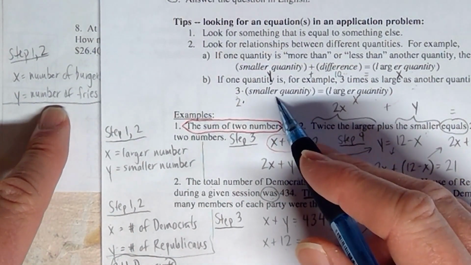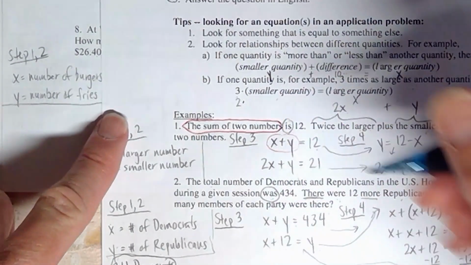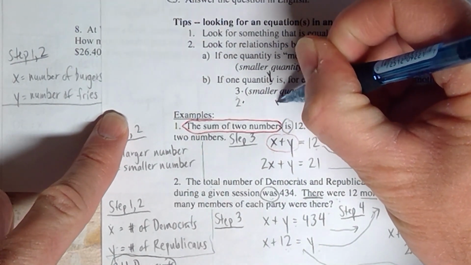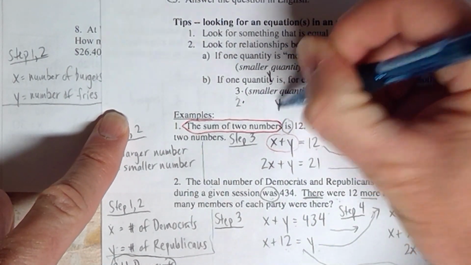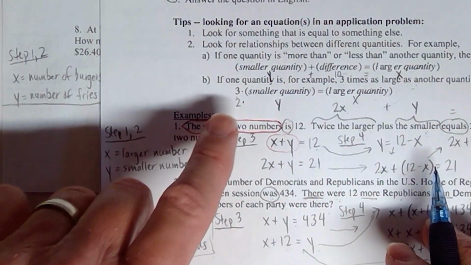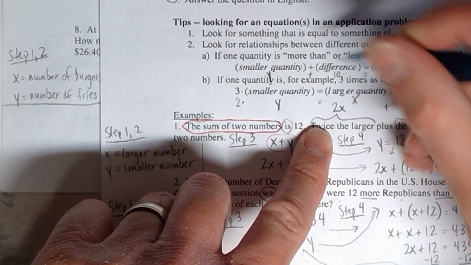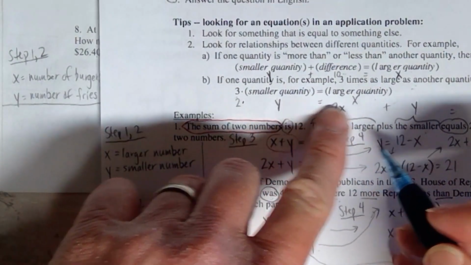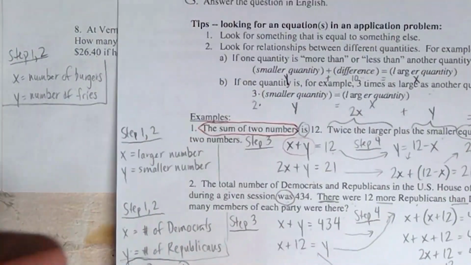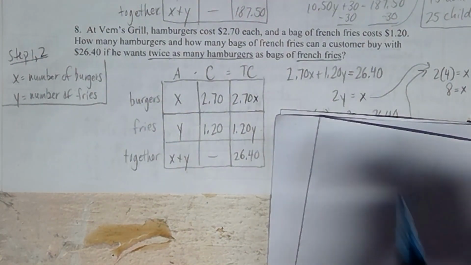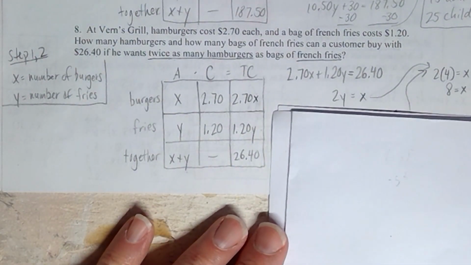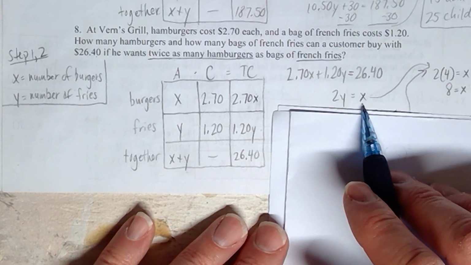And then the smaller of the two things being compared is the number of bags of fries. You can just say number of fries for short, and that's Y. So it's going to be 2 times Y, bring down the equal sign, 2 times Y equal to X. And that gives me this equation right here. 2 times Y equal to X.